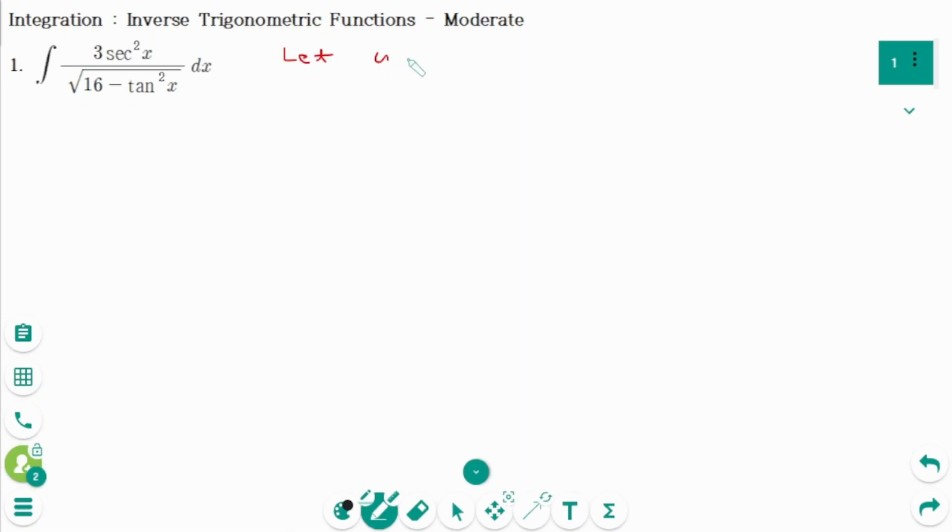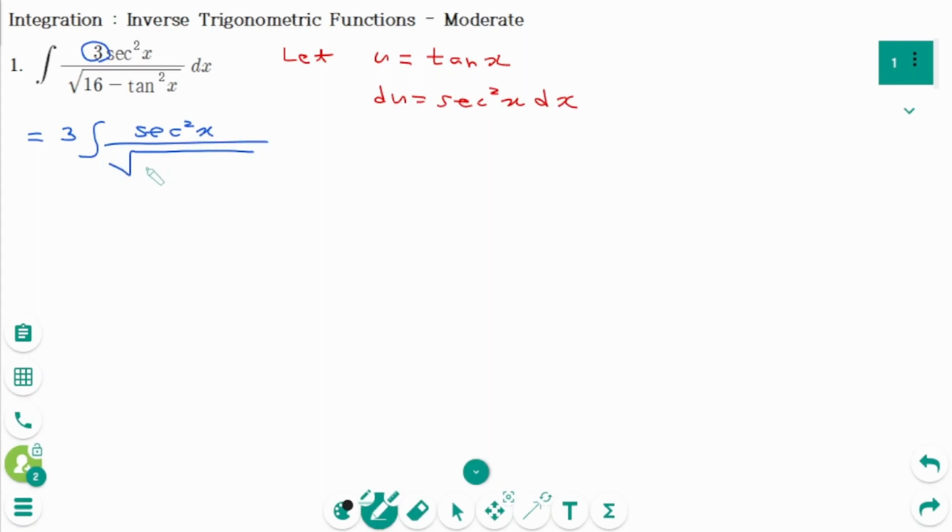Let u equal tangent x, then du equals secant squared x dx. The constant number 3 moves here, then the integral of secant squared x over the square root of 16 minus tangent x squared dx.